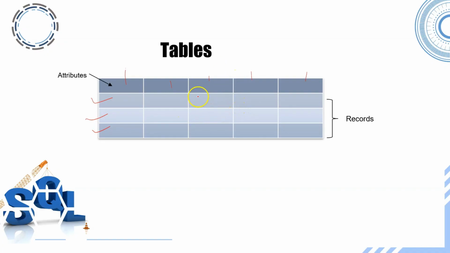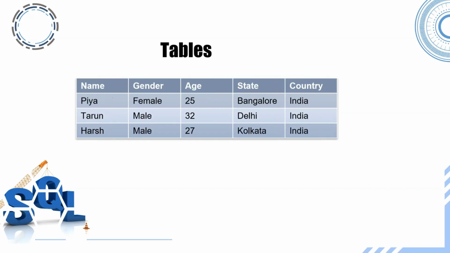Each individual unit that is found by the intersection of a row and column is called a cell. All of these are known as cells, and each cell is going to have a unique or distinct value. Here we have an example. You can see that in the columns we have the column headings written. These are all the different attributes that we have for these three records.